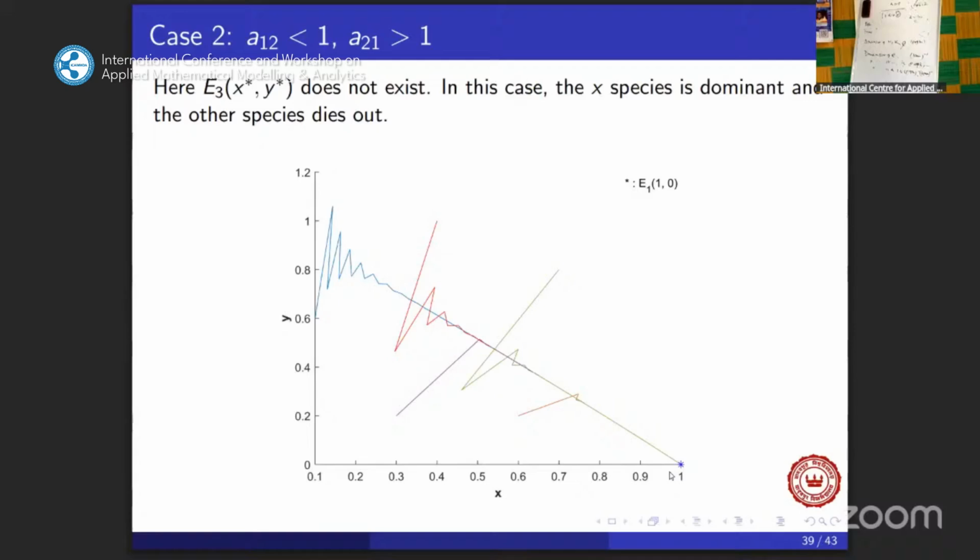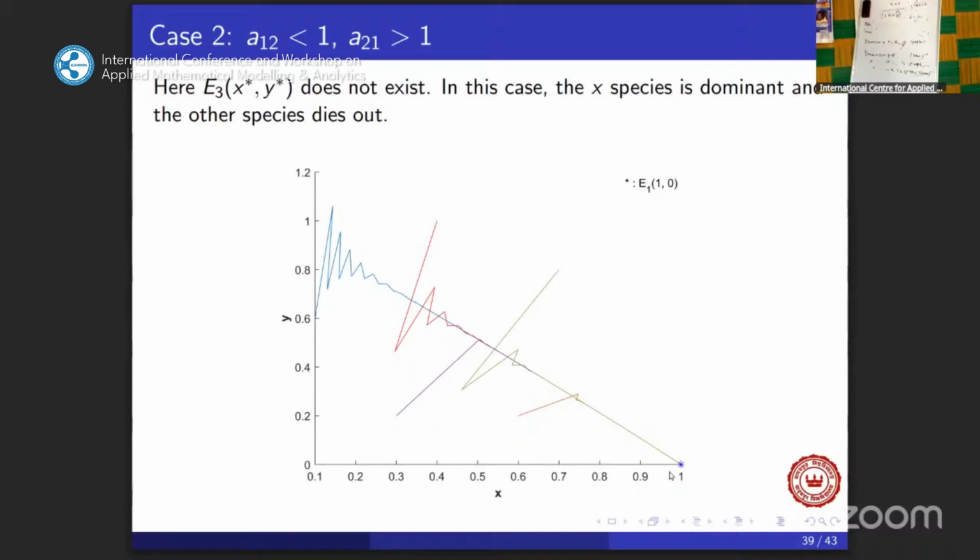At the point x is 1, the system goes to that point. That means if competition occurs and the competition coefficient is higher, A12 greater than 1, A21 greater than 1, then X dominates Y and the Y species will die out and the X population will grow.